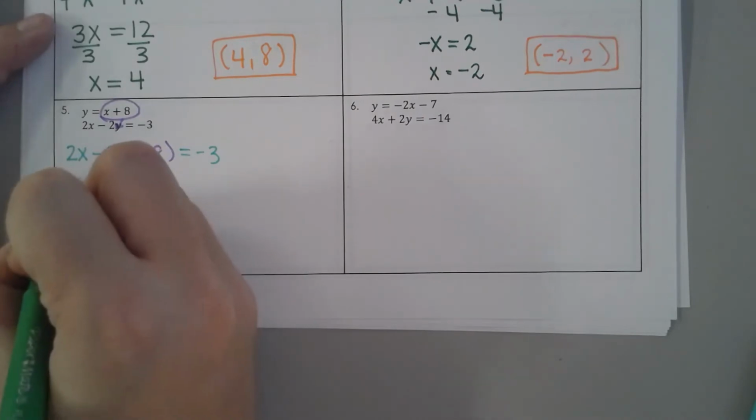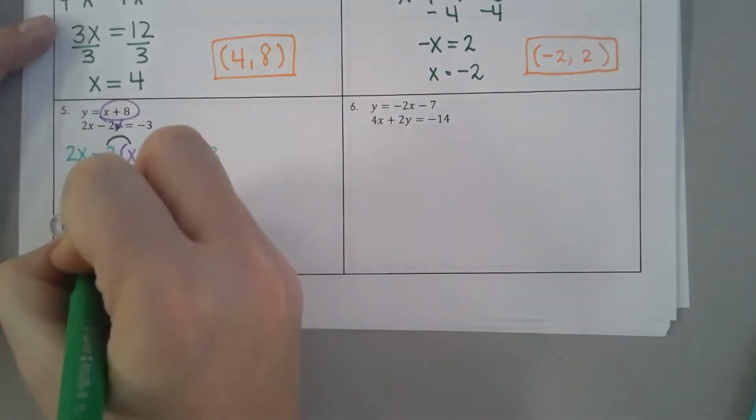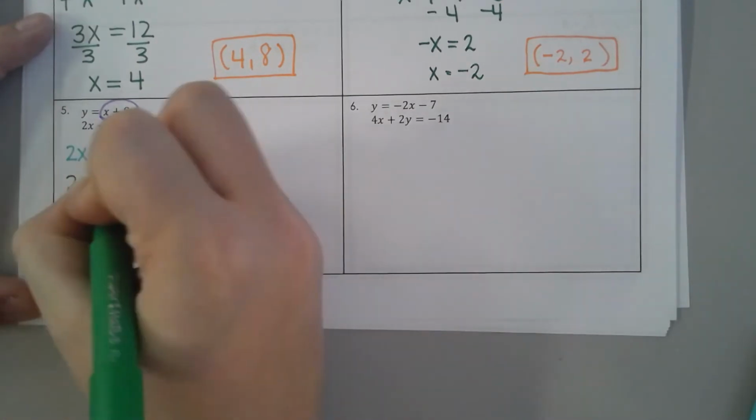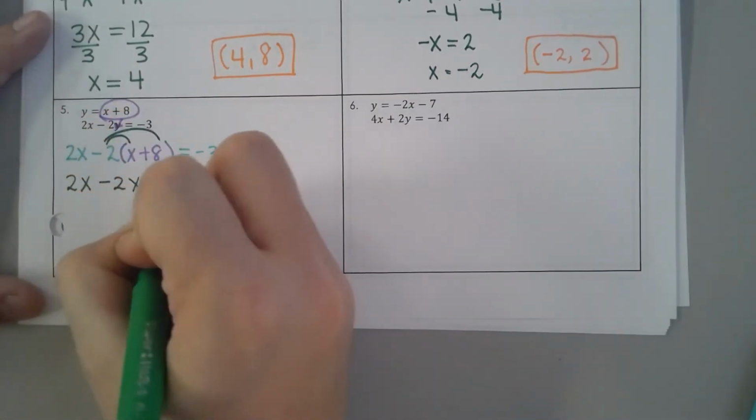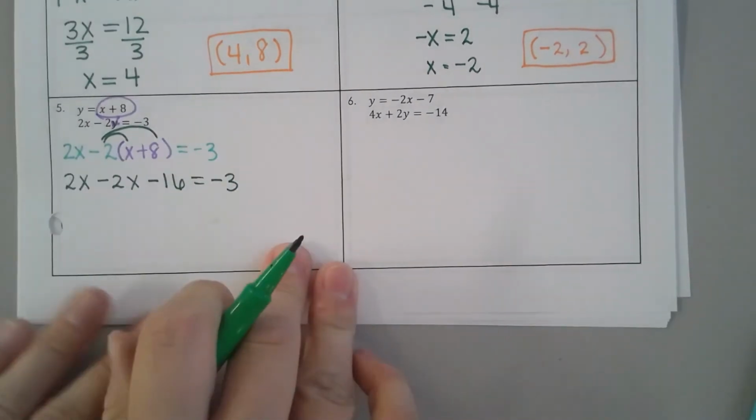And this is going to become 2x, we have to distribute, minus 2x minus 16 equals negative 3.